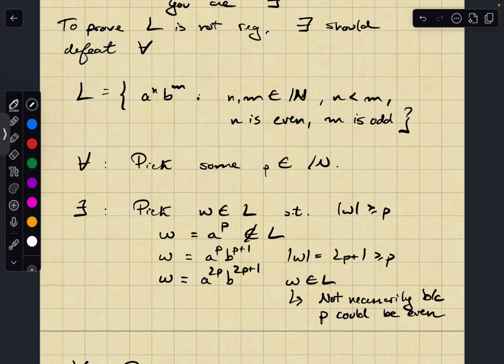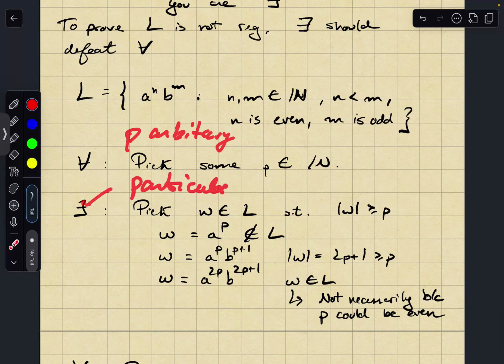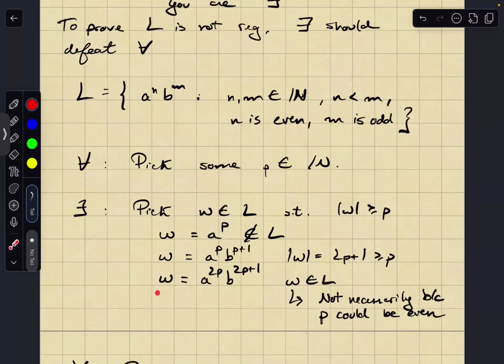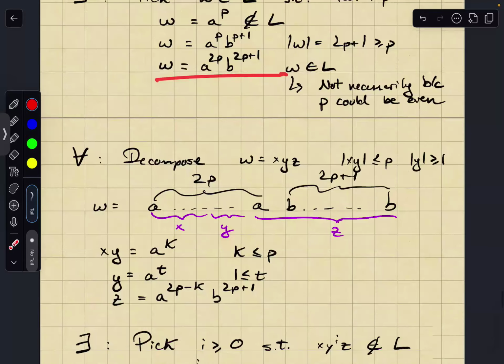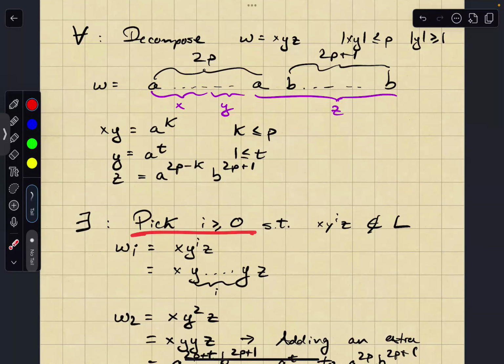So the for all is like, suppose p is arbitrary, p is some arbitrary natural number. And then the existential is like picking some particular thing. Right? So here I picked a particular string based on an arbitrary p. And here I picked a particular i based on an arbitrary decomposition.